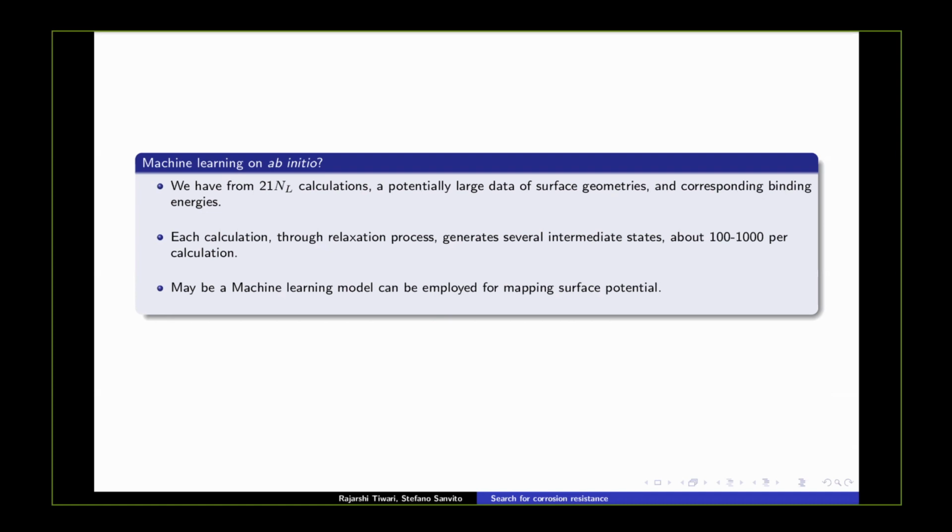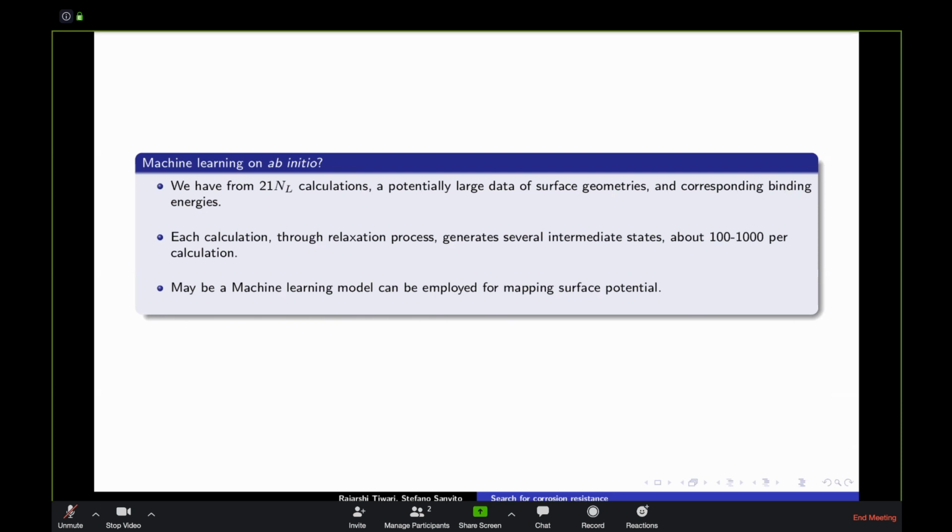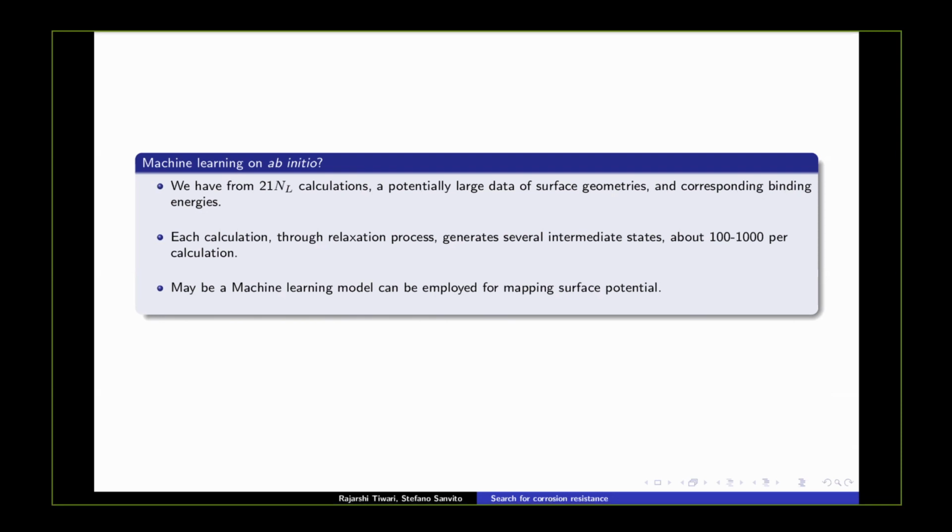Something I'm not going to cover today, given the time and planning: when we do similar calculations for binary alloys, the number of such calculations becomes much larger, and that generates potentially an order of magnitude more data than elemental calculations. So there's a large amount of data worth exploiting for a machine learning model.